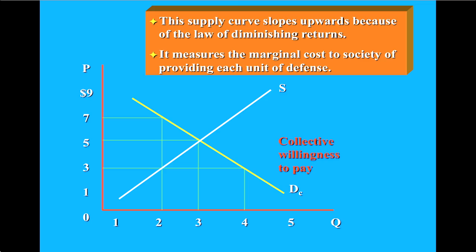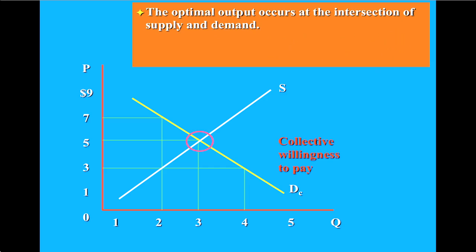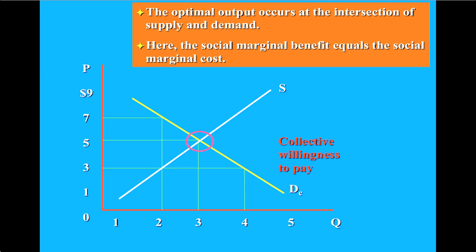And this supply curve also measures the marginal cost to society of providing each unit of defense. The optimal output occurs, therefore, at the intersection of supply and demand, where the social marginal benefit equals the social marginal cost. So what's the optimal quantity in this case?